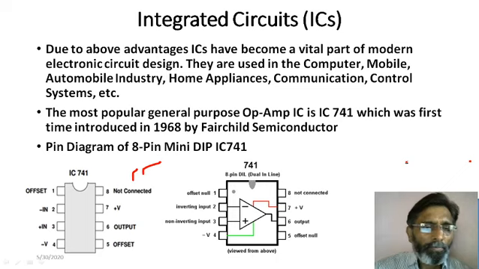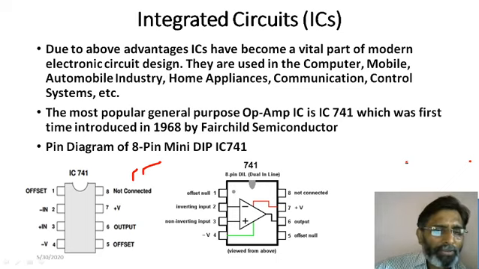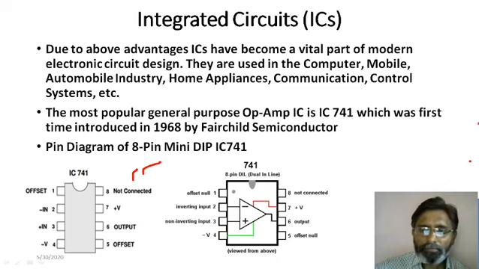So you can see it has 8 pins, this first diagram. This is pin number 1, 2, 3, 4, like this, and this is pin number 8.